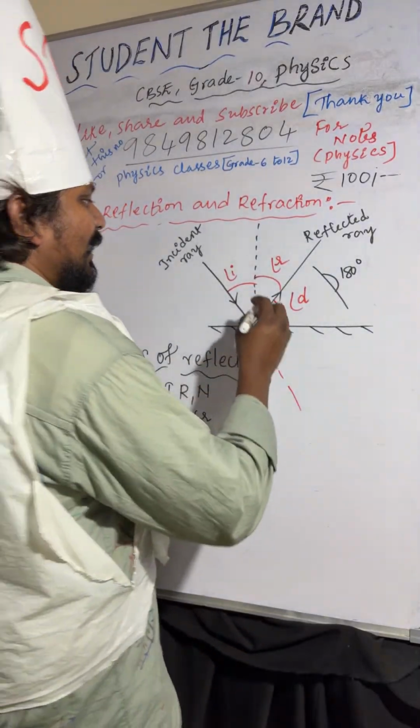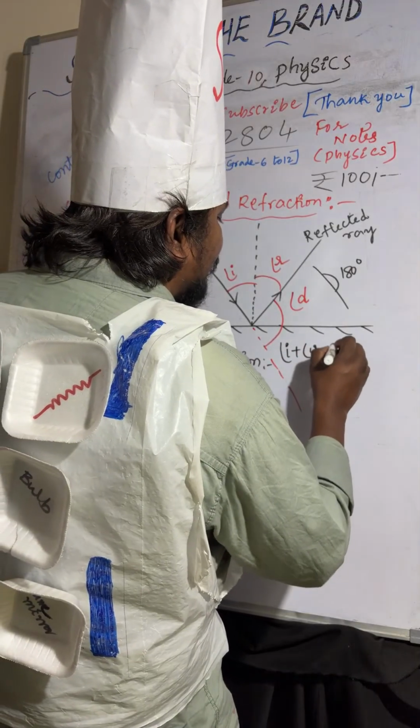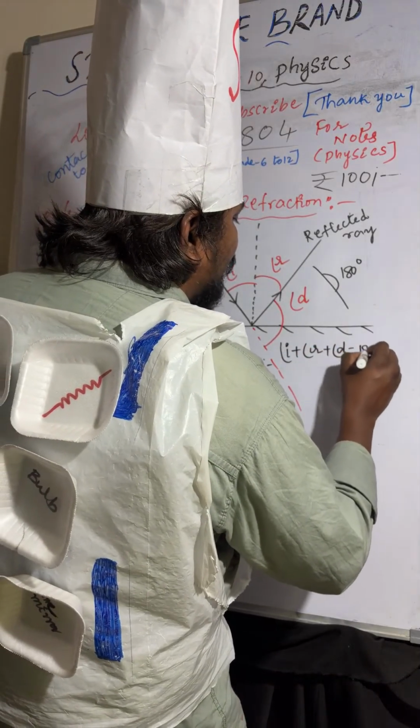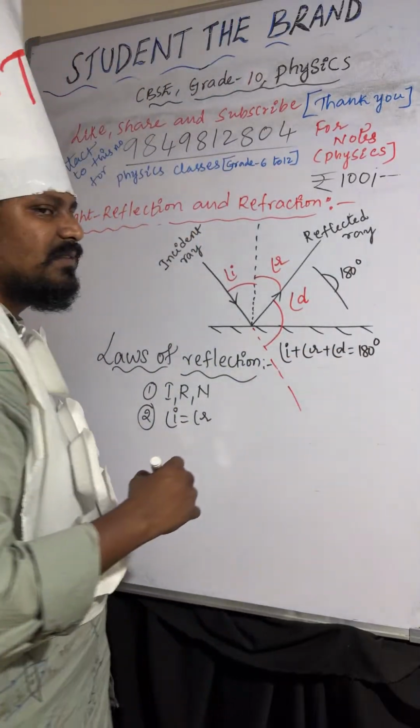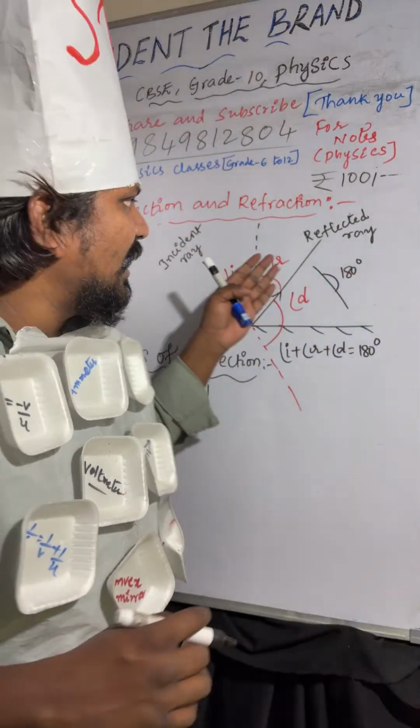Continuing that, here angle of incidence plus angle of reflection plus angle of deviation equals 180 degrees. From the laws of reflection, the angle of incidence is equal to the angle of reflection.